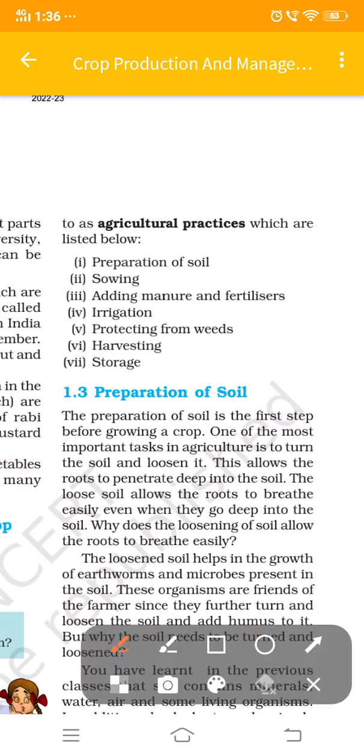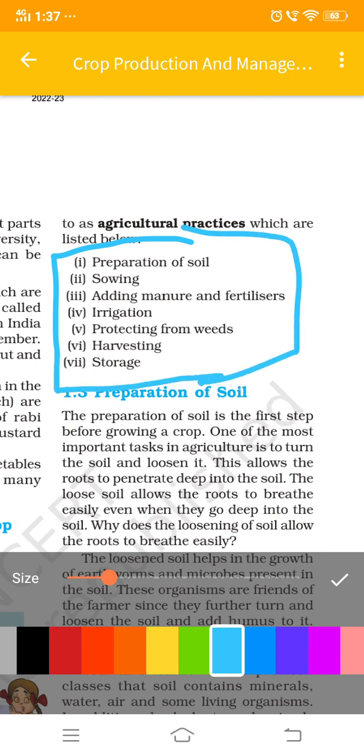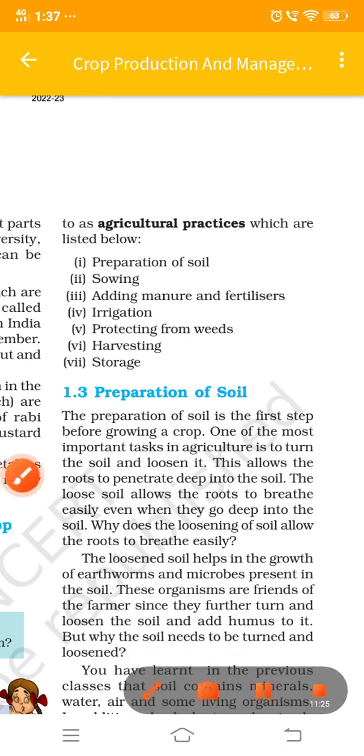Now here you can see the processes which are used for farming. These are listed in short, and we are going to learn about them briefly in this chapter. That's what crop production is.